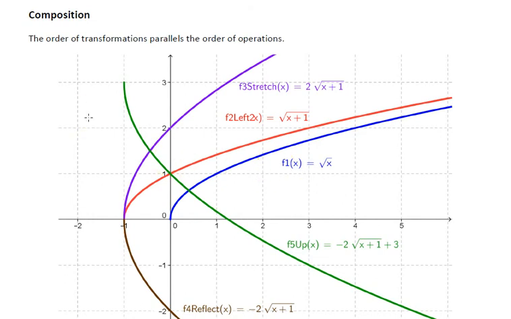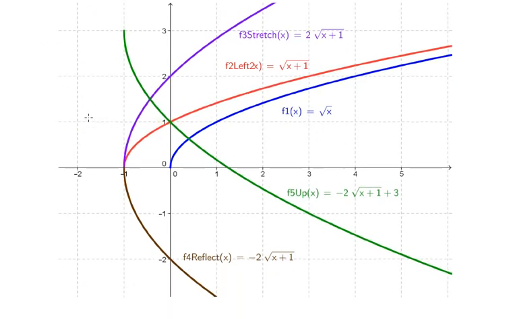Let's look at this example here, where we start out in blue with the original function f1, this square root of x right here. For f2, our next function transformation, we replace x by x plus 1. That will shift it horizontally to the left. So we see the red is the blue one shifted to the left.